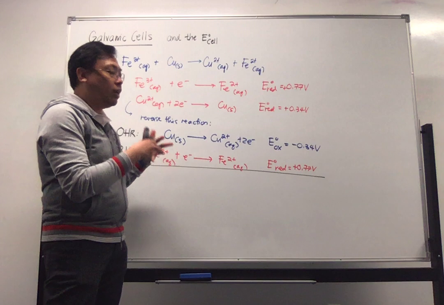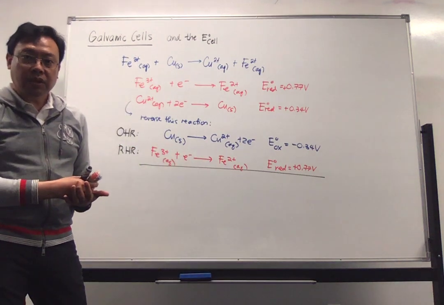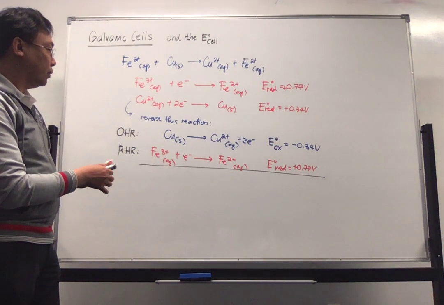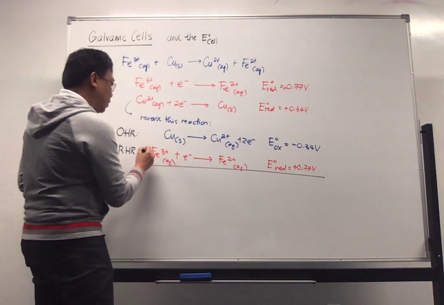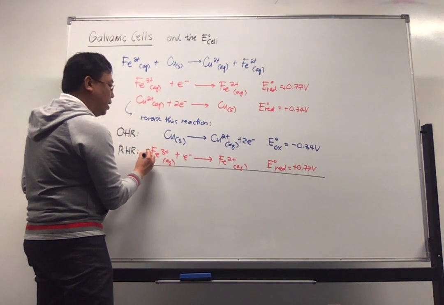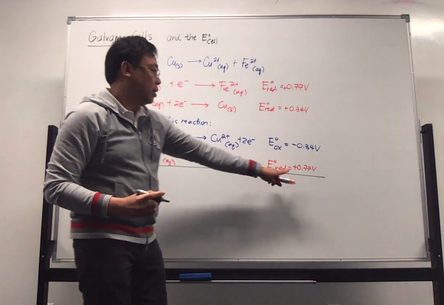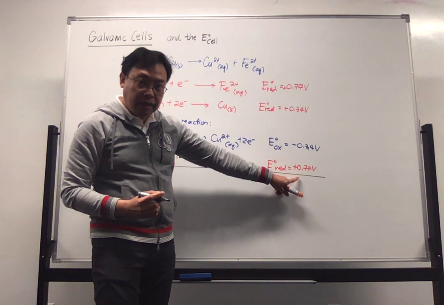The number of electrons lost is equal to the number of electrons gained, as we learned from redox reactions before. So what we do is to balance the reaction, which means that I need to multiply everything by 2, 2 here, 2 here, 2 here, but I'm not touching this. There's a reason for that later.